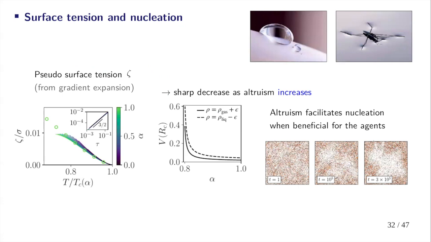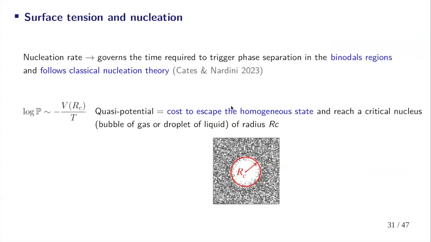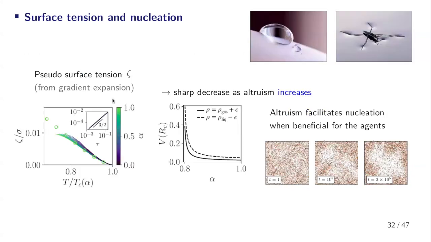So this is what we were trying to measure first, not in the simulation. Here it's more of an analytical approach. So we define this pseudo surface tension that is relevant to capture the total cost to escape the homogeneous state. This pseudo surface tension comes from the second order expansion that you do on your field theory.